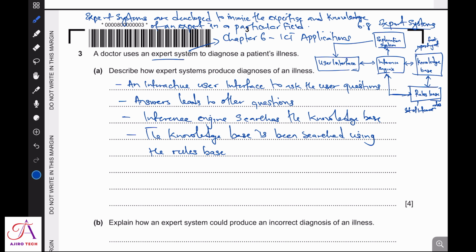Okay, so I think this covers the majority of it. You can just add to this the explanation system output.